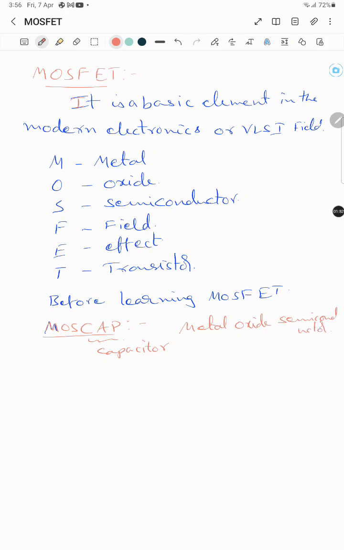So you have 3 layers in MOSCAP, which is a semiconductor, an oxide, and a metal.